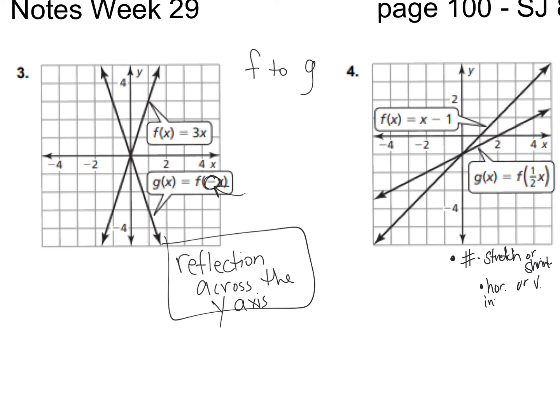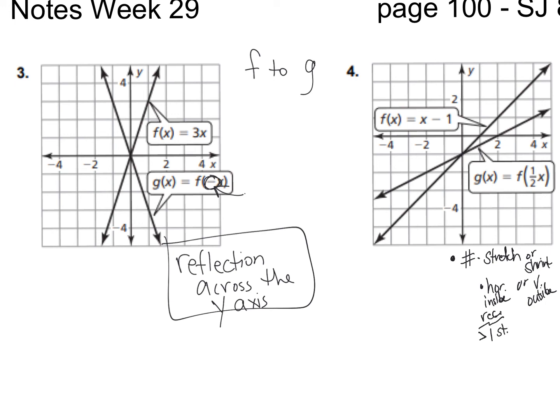Horizontal is inside, and we have to remember reciprocal. Vertical is outside. Now we can decide stretch or shrink here. You have to do the reciprocal, and if that reciprocal is greater than 1, then it's a stretch.